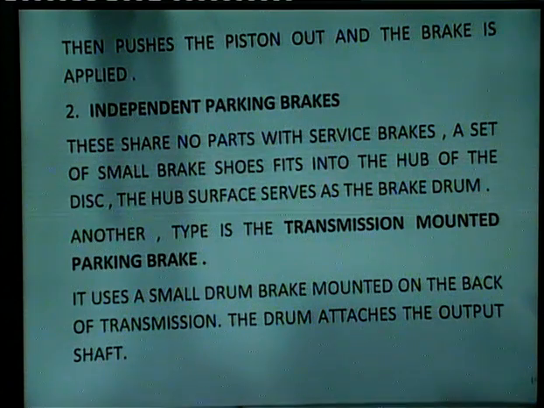Another type is the transmission mounted parking brake. Though these are used very rarely, it uses a small drum brake mounted on the back of the transmission. The drum attaches to the output shaft.